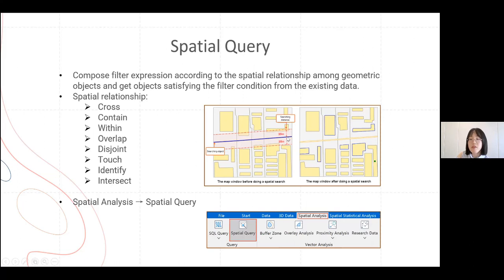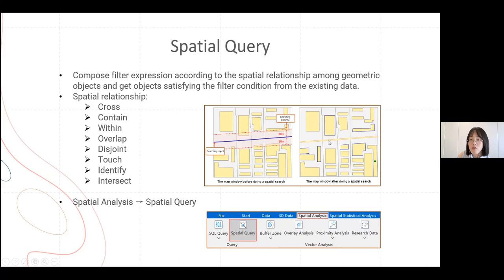And so to do that, we can specify those criteria using spatial query, and then we will get a result like in this picture on the right. So here you can see that we have selected several buildings as highlighted with blue outline.